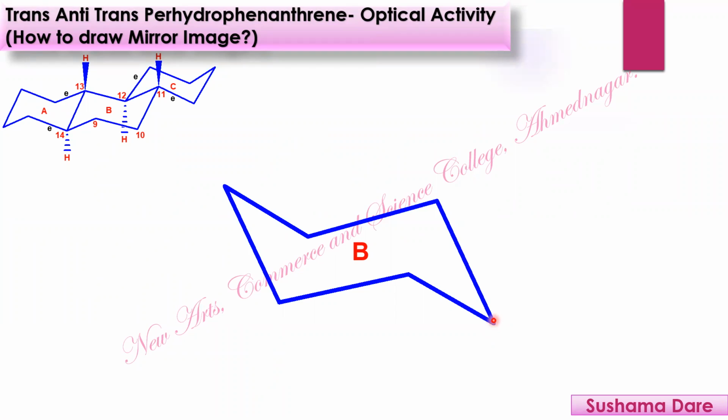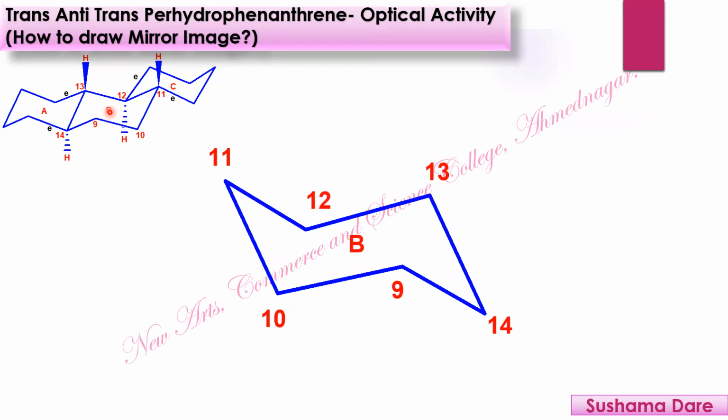After flipping of ring B, next your job is to give the numbers. So 14 is attached to 9, 9 attached to 10, 11, 12, 13. So you are drawing the exact mirror image of B. This is nothing but the numbering that you have to mention by looking at this stereo structure.